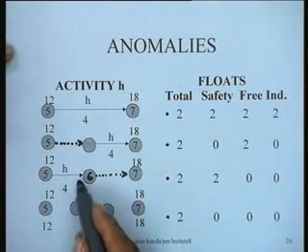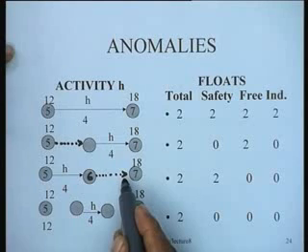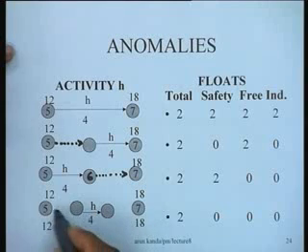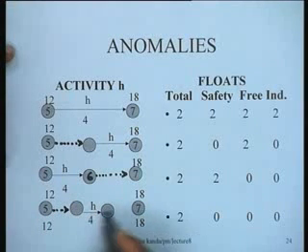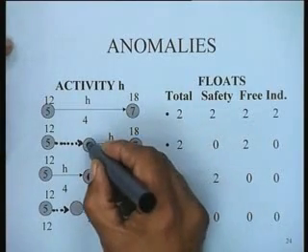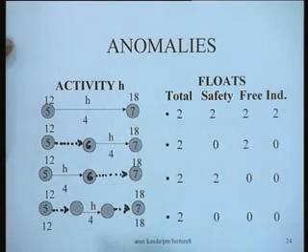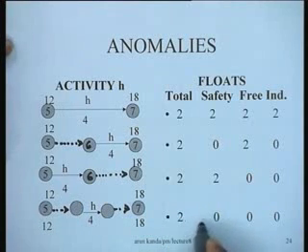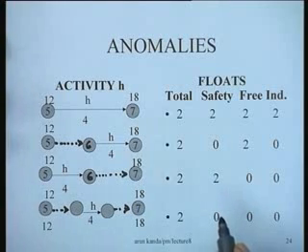On the other hand, if this H is succeeded by an activity in this manner, then it will be 2, 2, 0, 0. And if H is preceded and succeeded by a dummy in this particular fashion, then you would have in fact a situation where it would have only total float and it would not have any of the other kinds of floats.